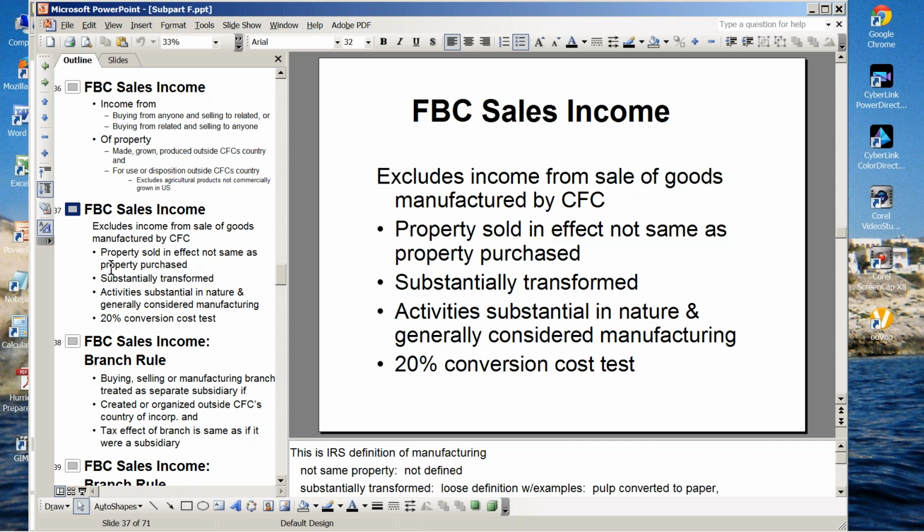There's actually a court case on this activity substantial in nature and generally considered manufacturing. And it shows how low the threshold is for manufacturing. Bausch & Lomb, the eyeglasses manufacturer, used to have an Irish subsidiary, probably still does.